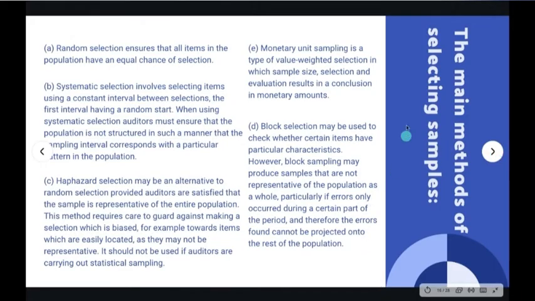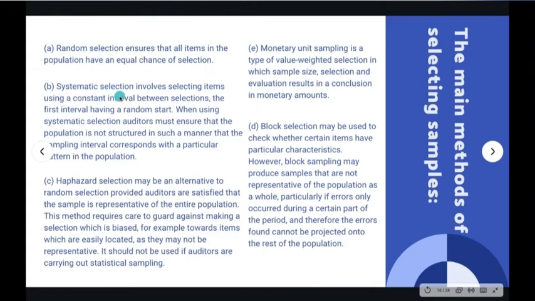Here are the main methods of selecting samples. I will not read all of them. The first one is random selection, which ensures that all items in the population have an equal chance of selection.